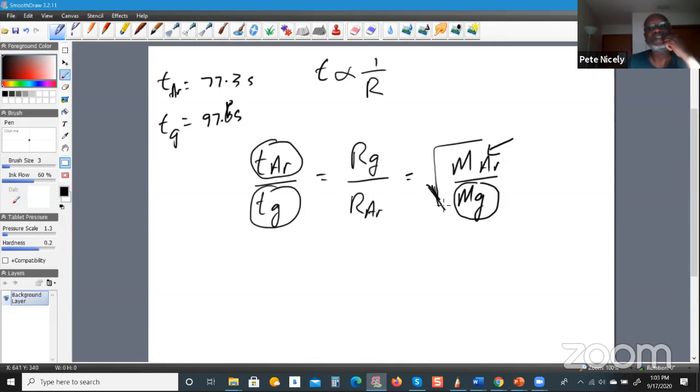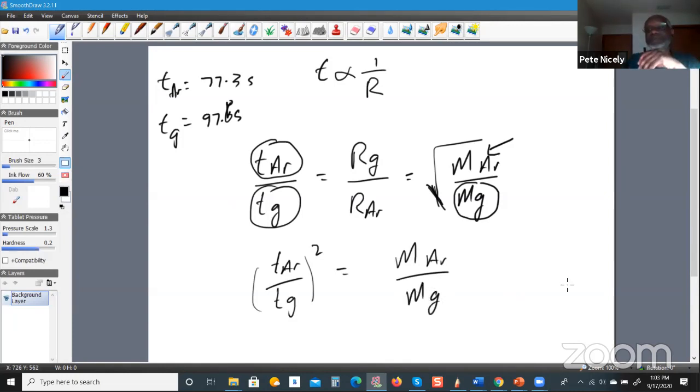Now, from your previous algebra experience, you should know that in order to get rid of the square root sign, we simply square both sides. So if we square both sides, you're going to end up with the time of effusion of argon divided by the time of effusion of the gas, squared, will be equal to the molar mass of argon divided by the molar mass of the unknown gas, all right?